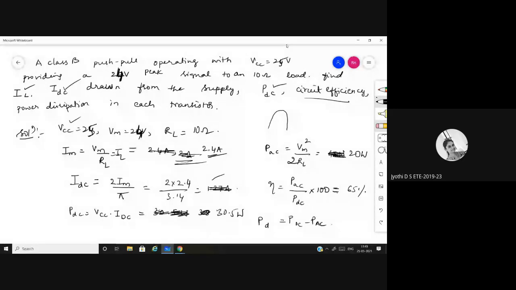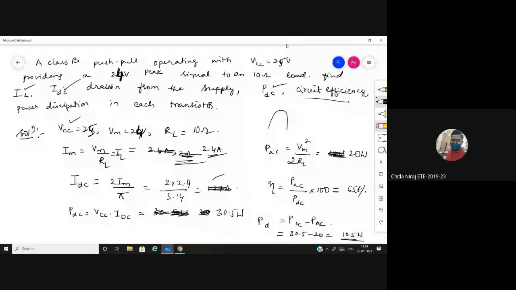65.61%. This is also fine, which is near 65.6 or 66%. So that is fine. Now substitute in the PD. So 30.5 minus 20 is equal to 10.5 watt.